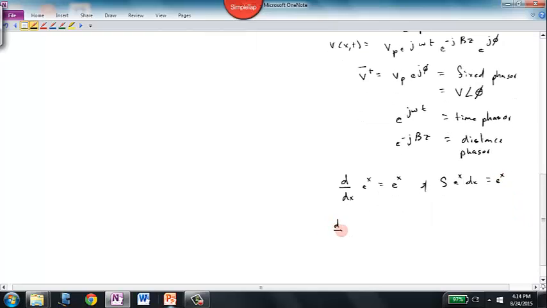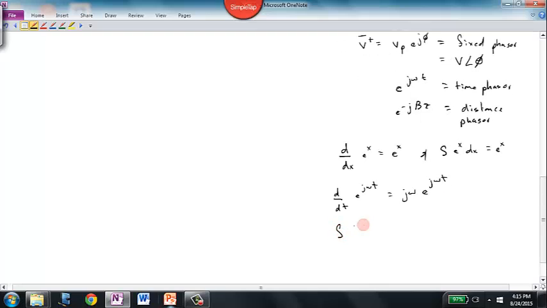If we were to take the derivative of e to the j omega t with respect to t, we would just take the derivative of the exponent. The derivative of j omega t with respect to t is just j omega, and then we multiply it by e to the j omega t.